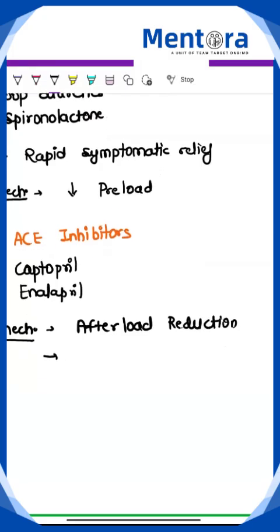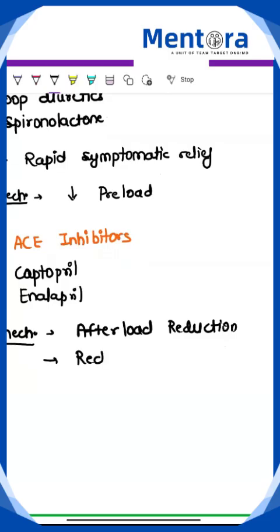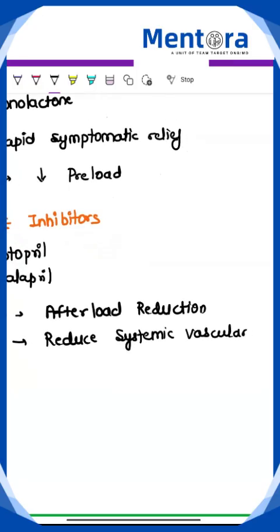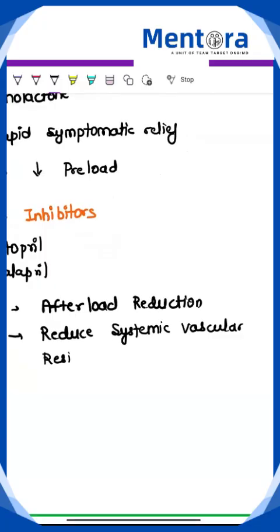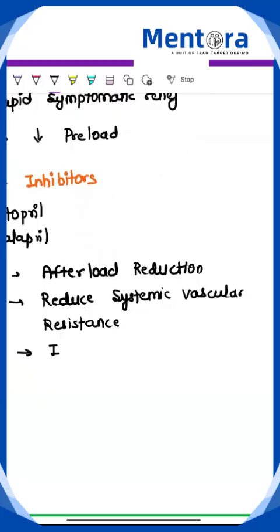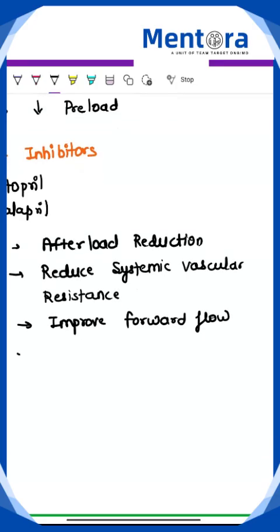How do they reduce afterload? They reduce systemic vascular resistance, so by reducing systemic vascular resistance, it improves forward flow of blood. And also decreases myocardial remodeling.